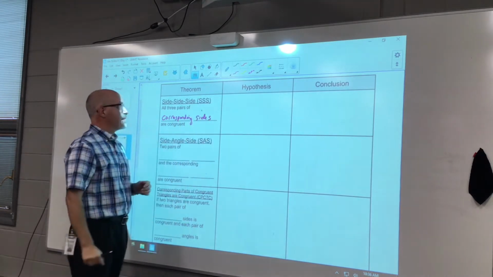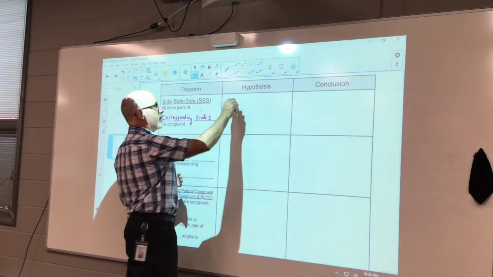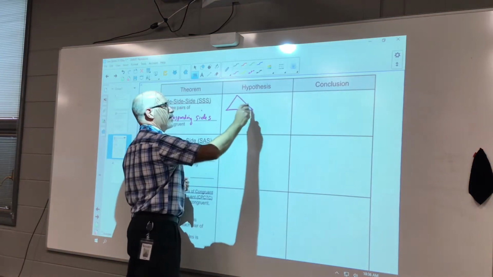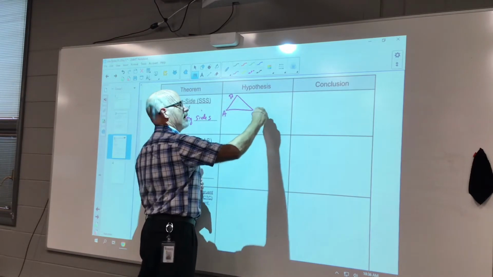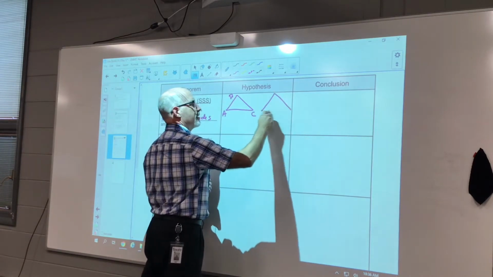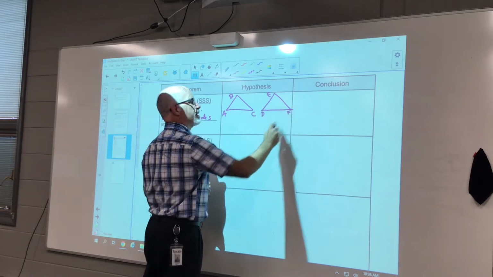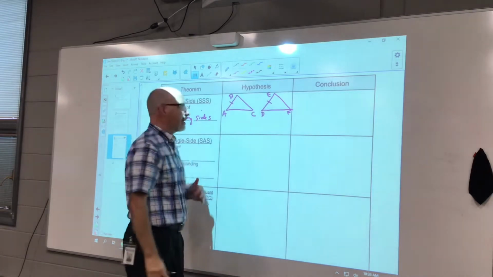are congruent. That means that the triangles are congruent. So here we've got two triangles. Got this triangle, I'll call this ABC. And then I've got another triangle over here, DEF. If this side is congruent to this side, those are the corresponding sides.